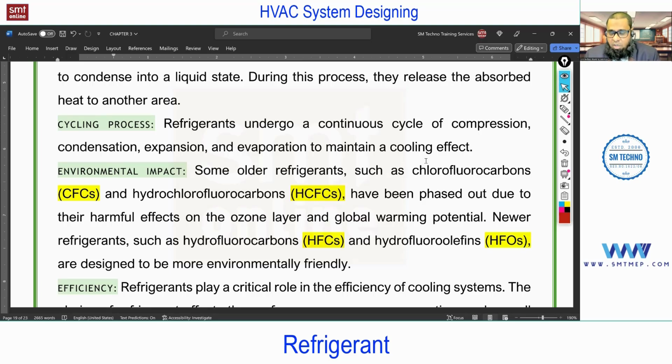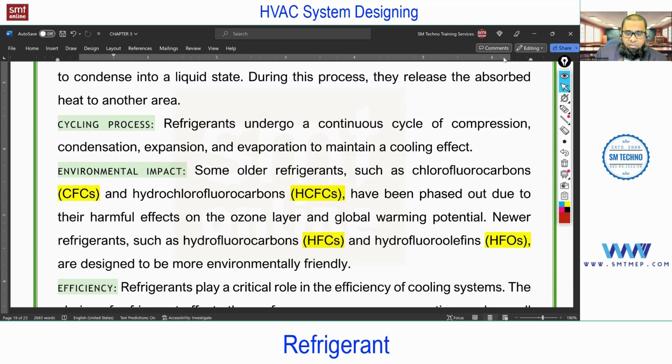CFC is chlorofluorocarbon, HCFC is hydrochlorofluorocarbon, and HFC is hydrofluorocarbon. Remember, CFC is almost outdated because it affects the ozone layer and the environment, and that's the reason it's officially not used in the market in almost all countries. Some people may be using it unofficially or illegally, but that is a different case. Officially, as per my information, no manufacturing company, air conditioning or refrigeration, is using CFC.